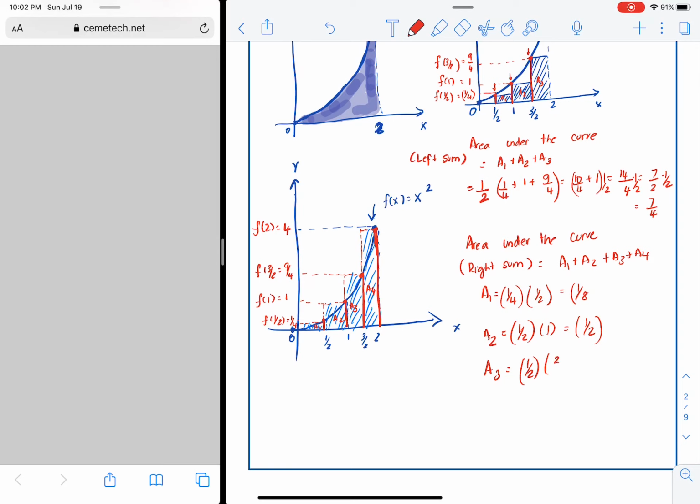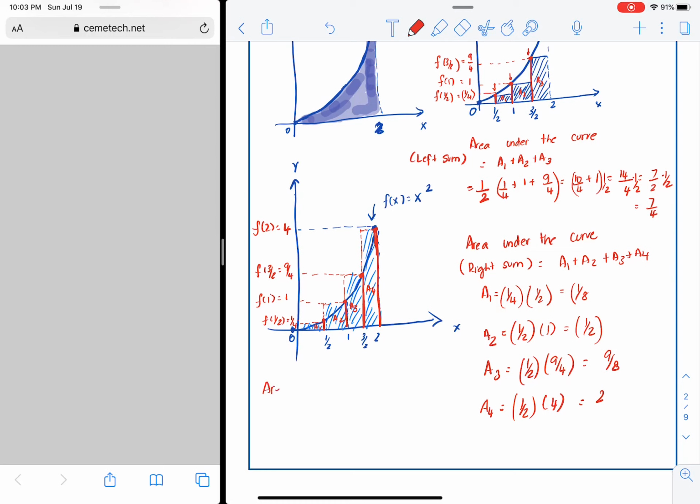The height is 9 over 4. Which would give us 9 over 8. A4 is 1/2 multiplied by the height, which is 4, which would give us 2.